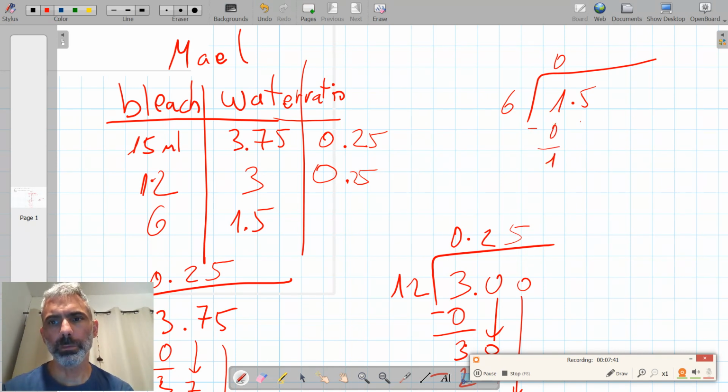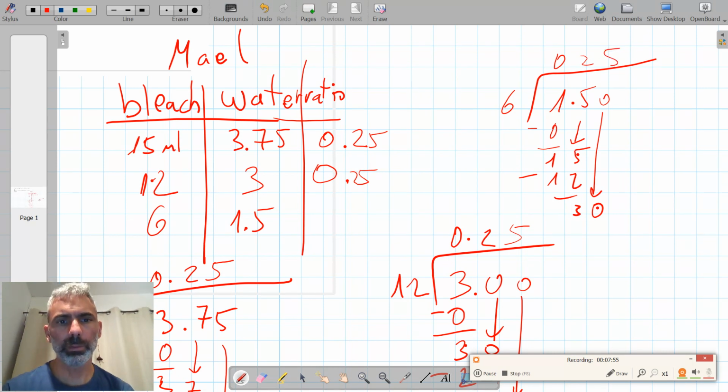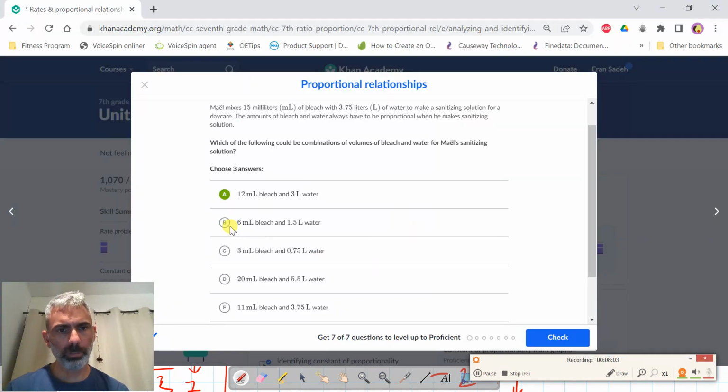Bring down 5. 6 goes into 15 twice. 2 times 6 is 12. Remainder 3, bring down 0. 6 goes into 30 5 times. So it's also 0.25. So 6 and 1.5 liters is also correct.